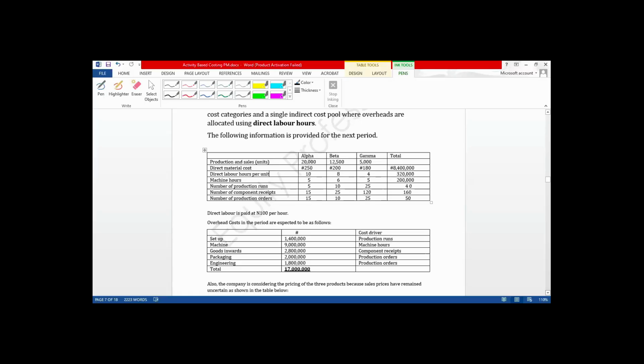We have engineering overhead cost. Amount is 1.8 million. The cost driver is production order. If you look at this, total overhead cost is 17 million. If you look at all these overhead costs, none of them is as a result of labor hours.